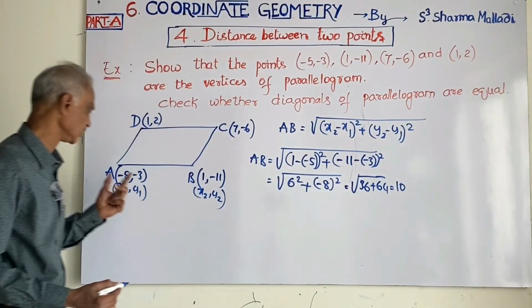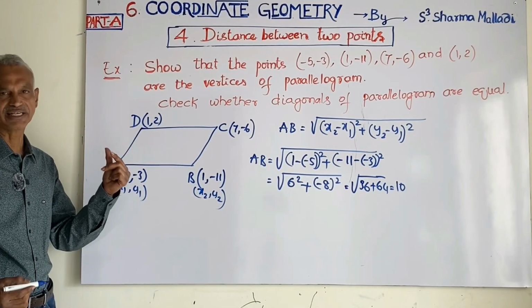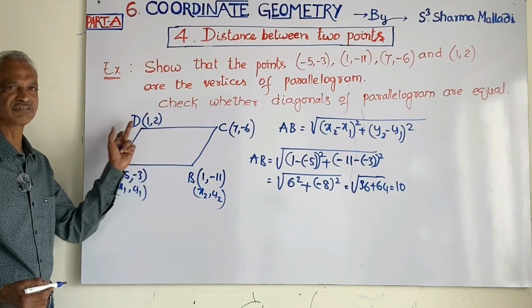What is the distance between A and B? That is 10 units. Now you find the distance between C and D.